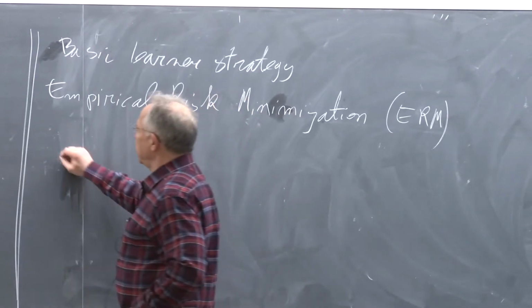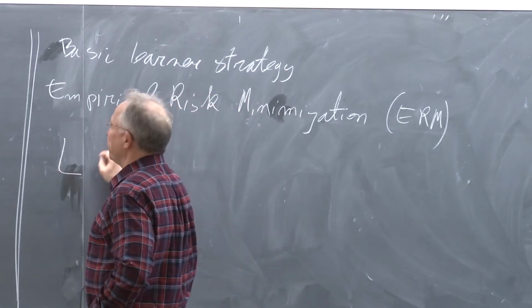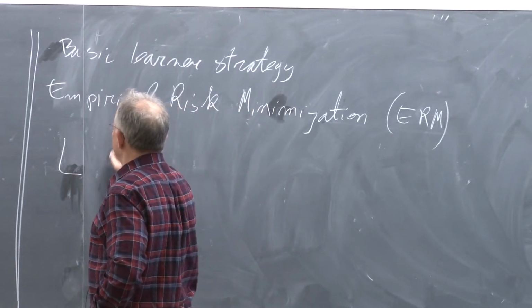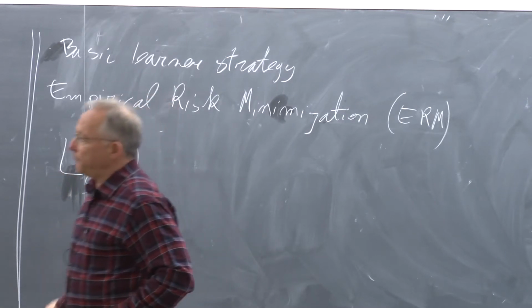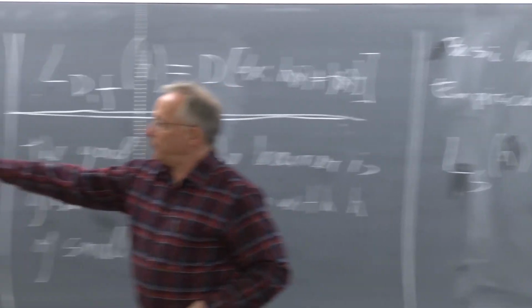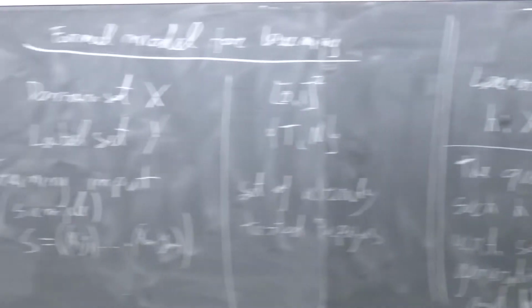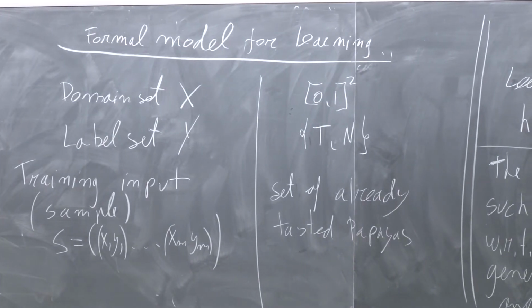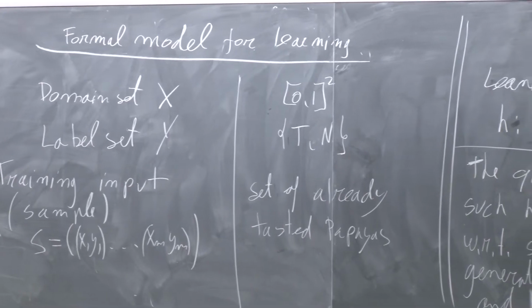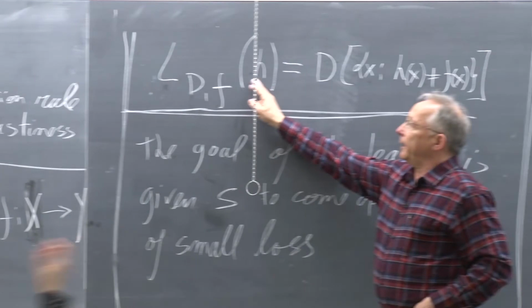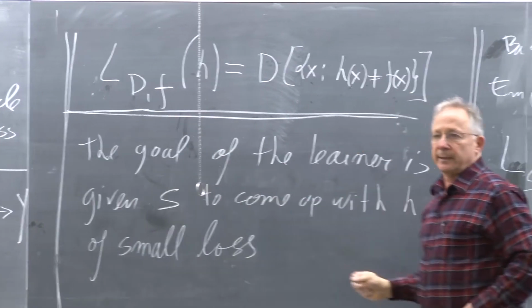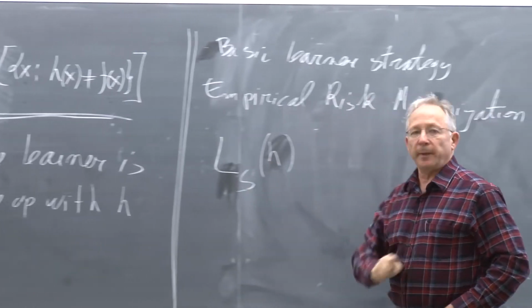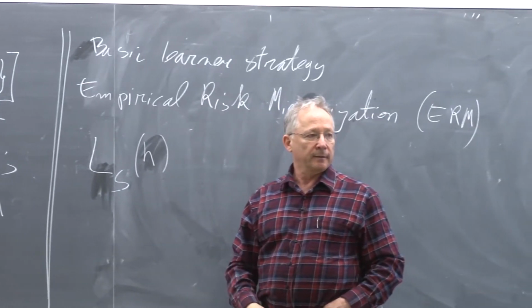So we define the loss of H with respect to the sample. You remember, the sample is a sequence of points and their labels. See, this was the loss of H with respect to the true data. But this is the loss of H with respect to what we have seen.